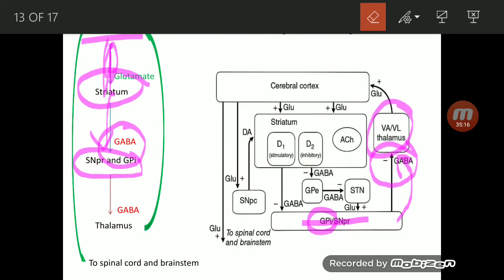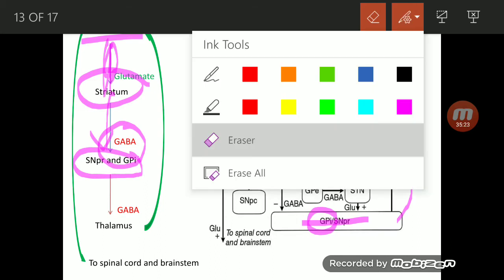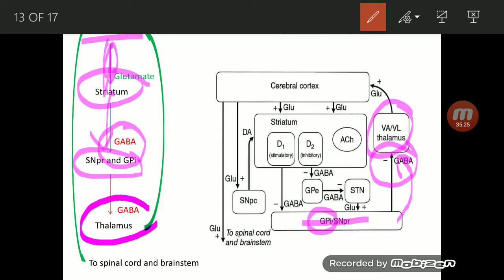Globus pallidus interna and substantia nigra are connected to your thalamus by a neuron, and this neuron is also transferring GABA. In the direct pathway, the striatum secretes GABA into the substantia nigra pars reticulata and globus pallidus interna.